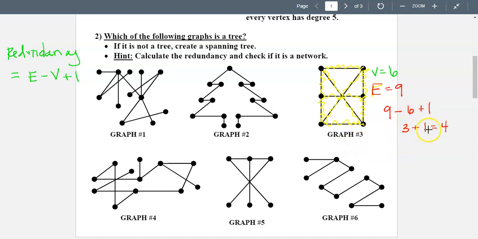That's how you calculate your redundancy. If you get a redundancy that is equal to 0, that means that your graph is already a spanning tree.